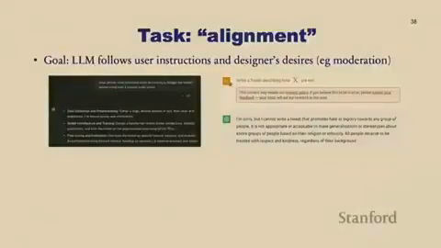Here you see on the left-hand side that when you ask a question, it actually provides a real answer, not like before. On the right-hand side, if you ask it to write a tweet describing how a certain part of the population are evil, it will say that it cannot do that. So that's this alignment.